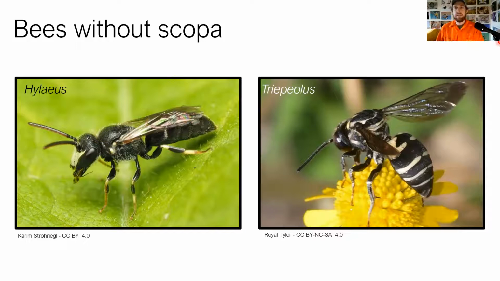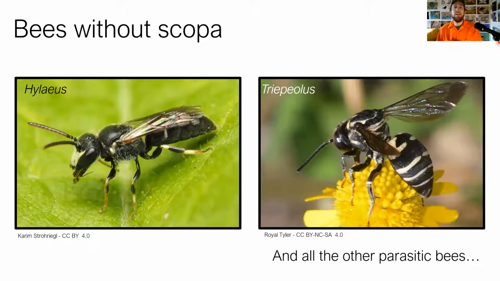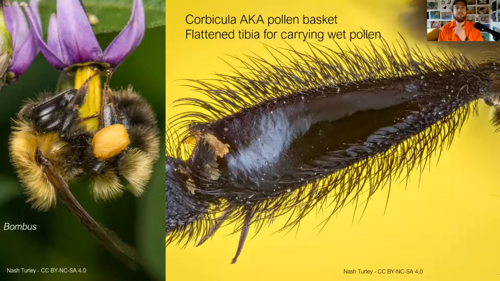They parasitize other bees' nests. And they don't have obvious scopa, and that is actually a common trait of all parasitic bees. There are some that are fuzzy, but nearly all of the time, parasitic bees do not have scopa. Probably some exception, but it's a good rule.